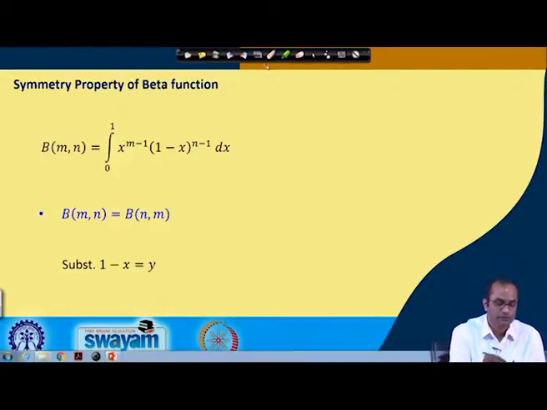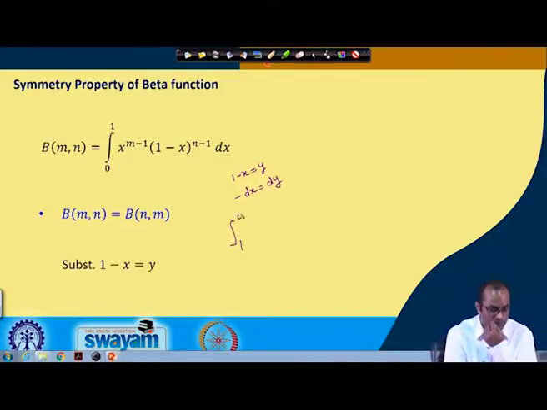So, let us do it here. If we substitute 1 minus x equal to y, that means minus dx is equal to dy, and then for the limits, when x is 0, y is 1, and the other limit is 0.